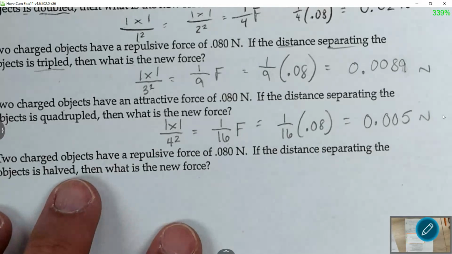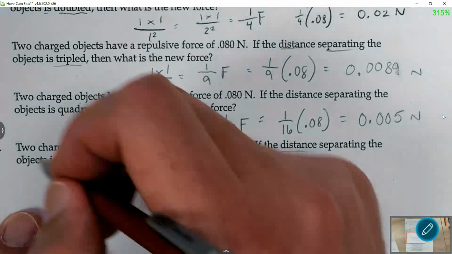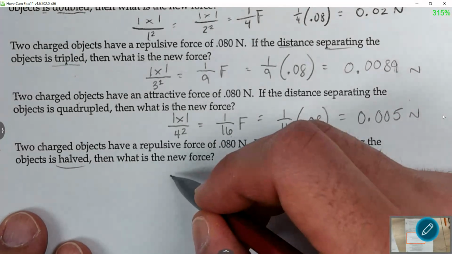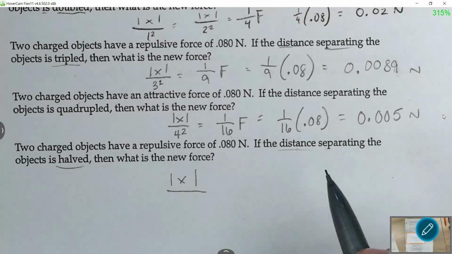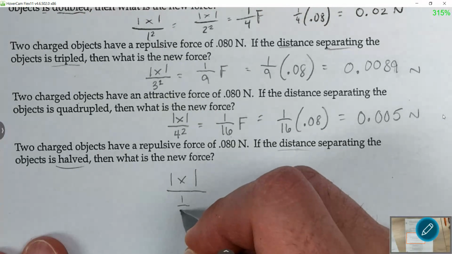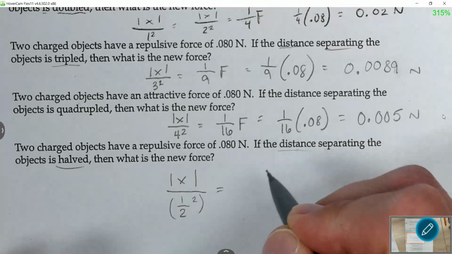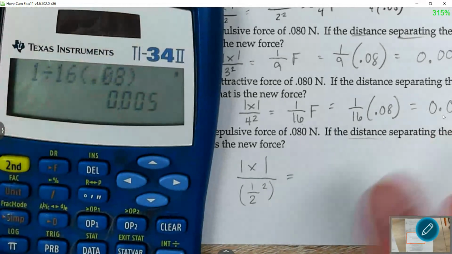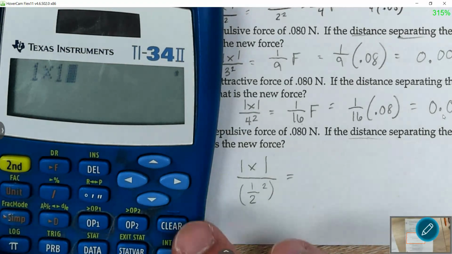Now here, 2 charges again. This time the distance is halved. What's the new force? Well, nothing happened to our charges, but the distance got cut in half. So 1/2, and then I have to square that. This one, I would definitely suggest throwing it into the calculator. 1 times 1 is 1 on top.